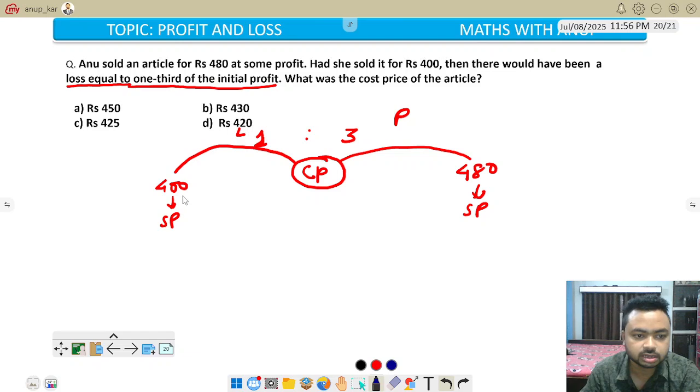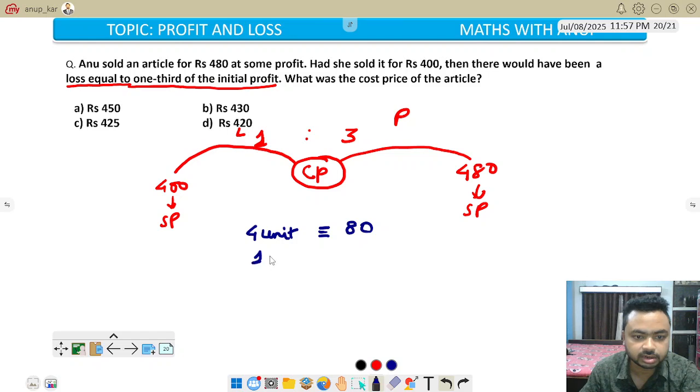Now see here, there are 4 units, 1 plus 3, 4 units. 4 units is equivalent to the difference between 400 and 480, which is 80.